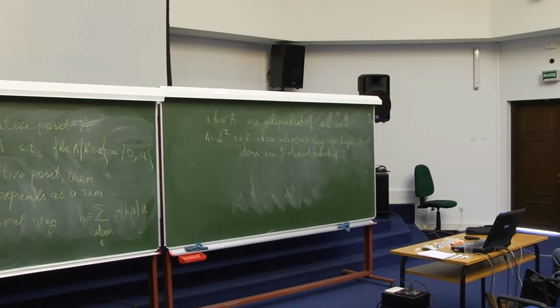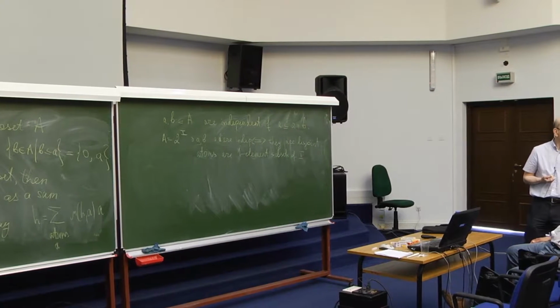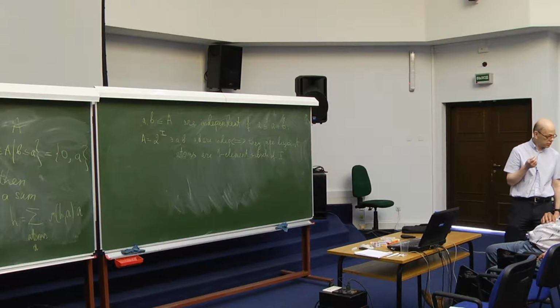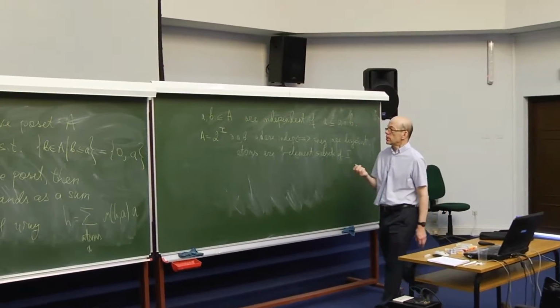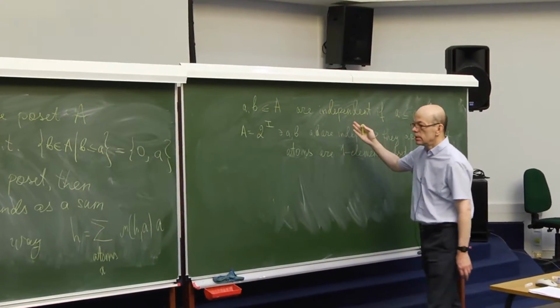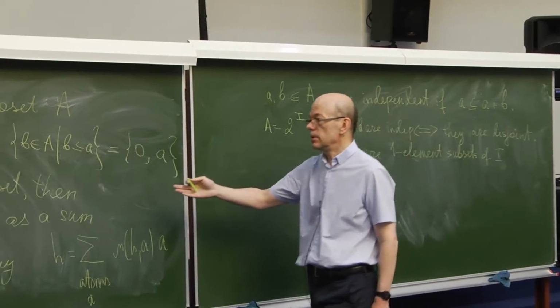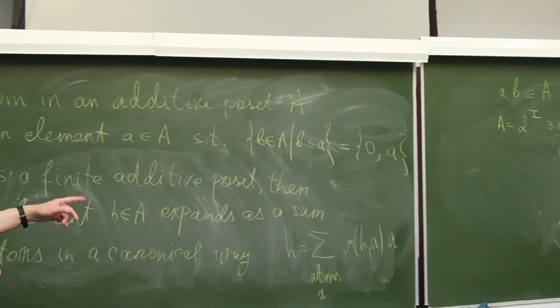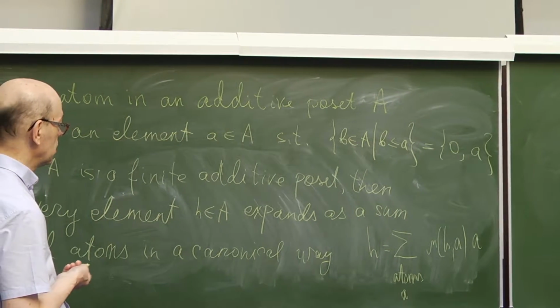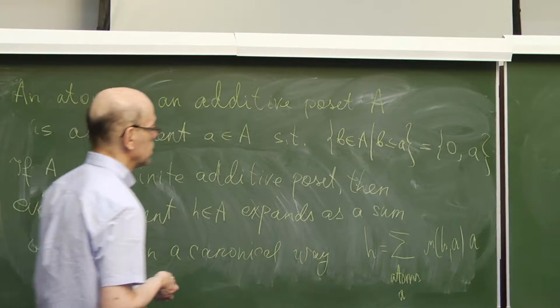What is this? Mu is a Möbius function, which I didn't define. Now, this theorem has versions in which you require atoms in this expansion to be pairwise independent.